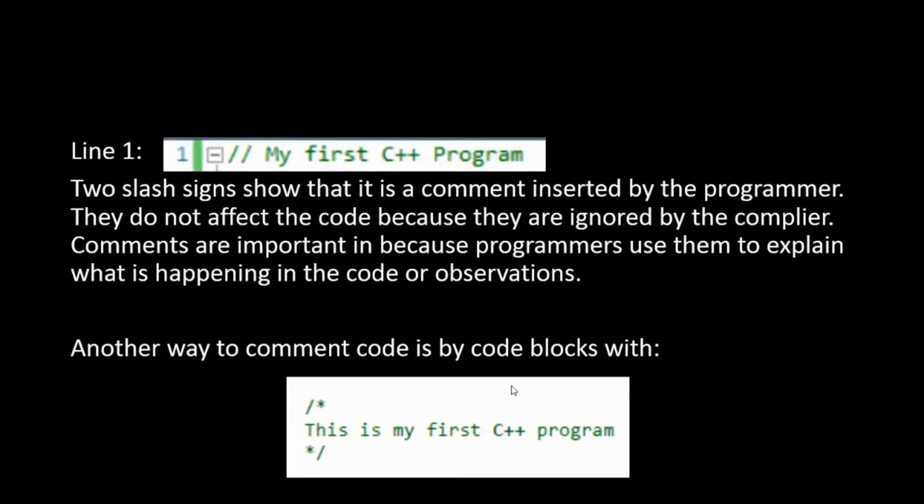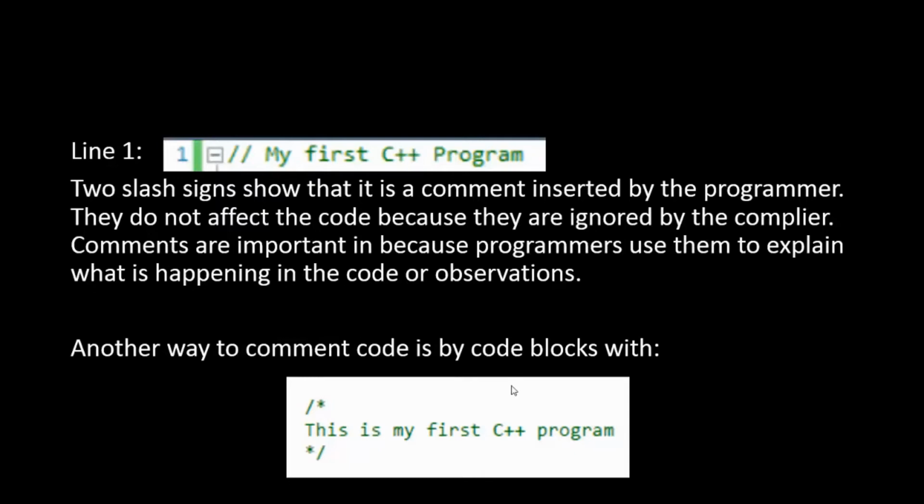In the first line, there's a green line which says my first C++ program with 2 slashes at the start. Now, the 2 slashes show that this is a comment inserted by the programmer. Comments don't affect the program.